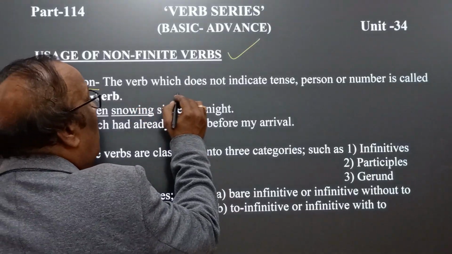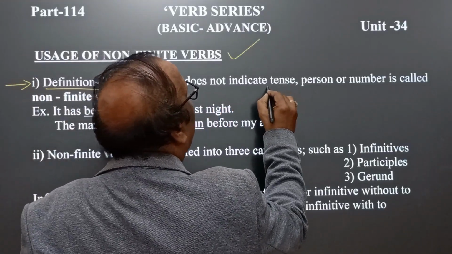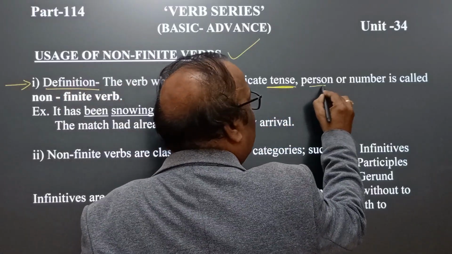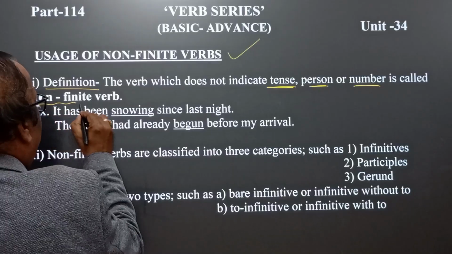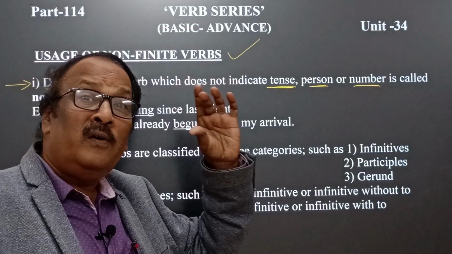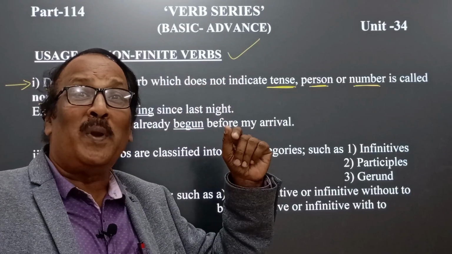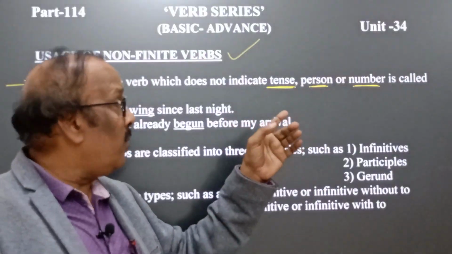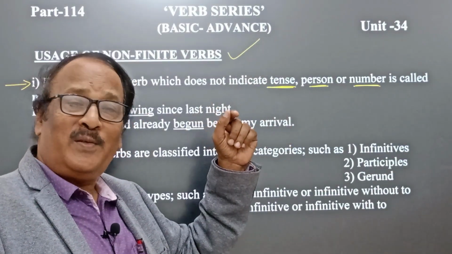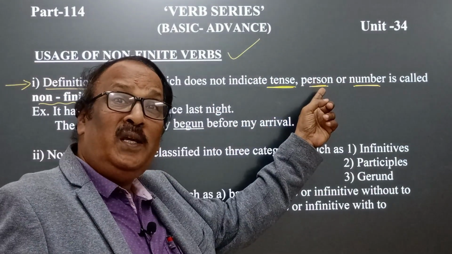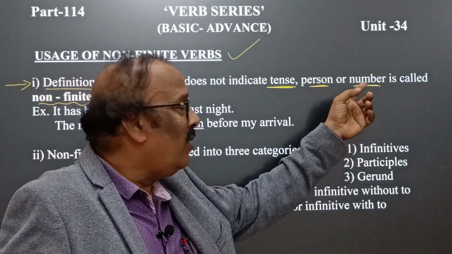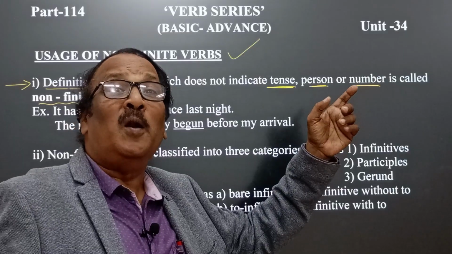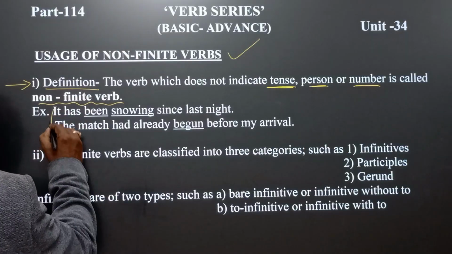The verb which does not indicate tense or person or number is called non-finite verb. This is the definition of non-finite verb. This verb doesn't take tense, it doesn't keep a relationship with the subject or its number.